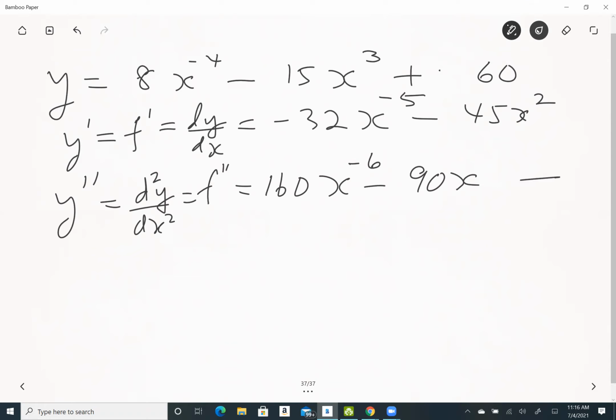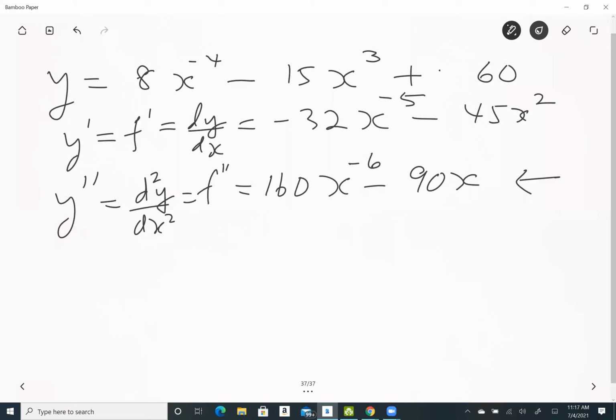For this function here, to what degree of derivative can we do? What is the highest derivative we can do? You take the third derivative, the fourth derivative.